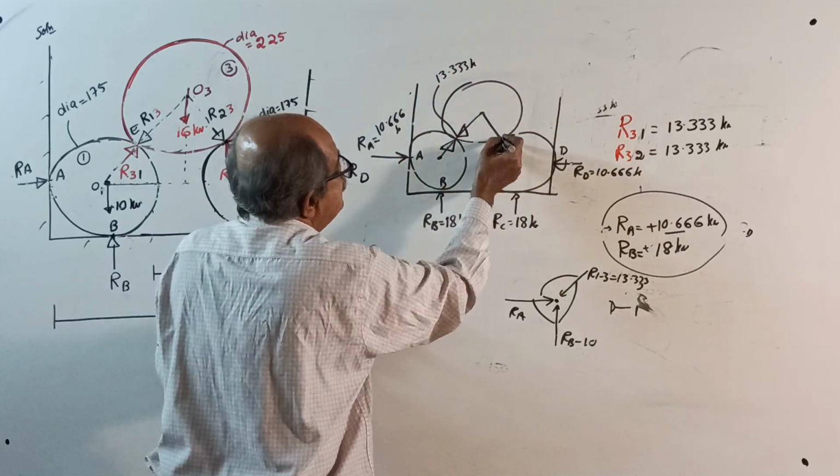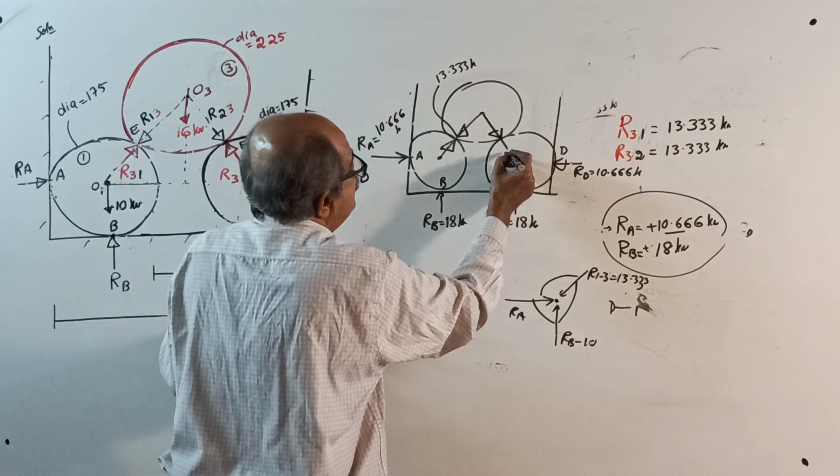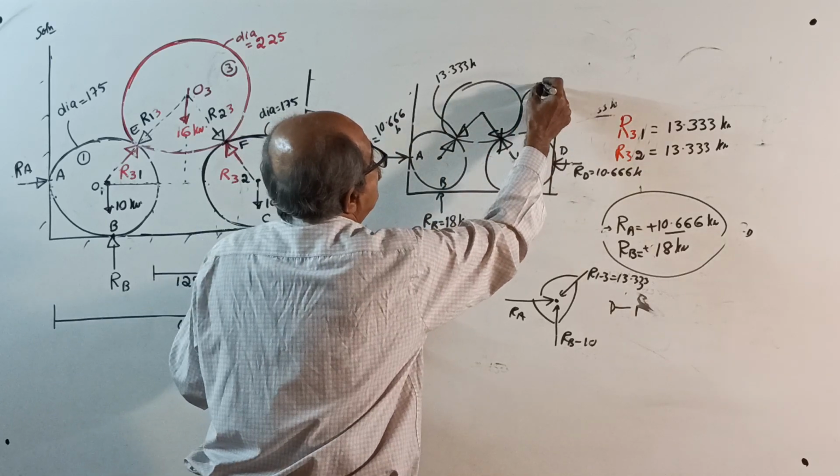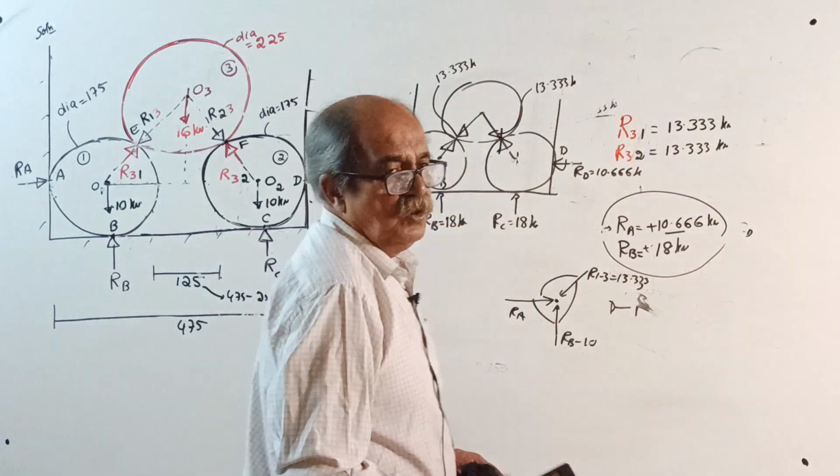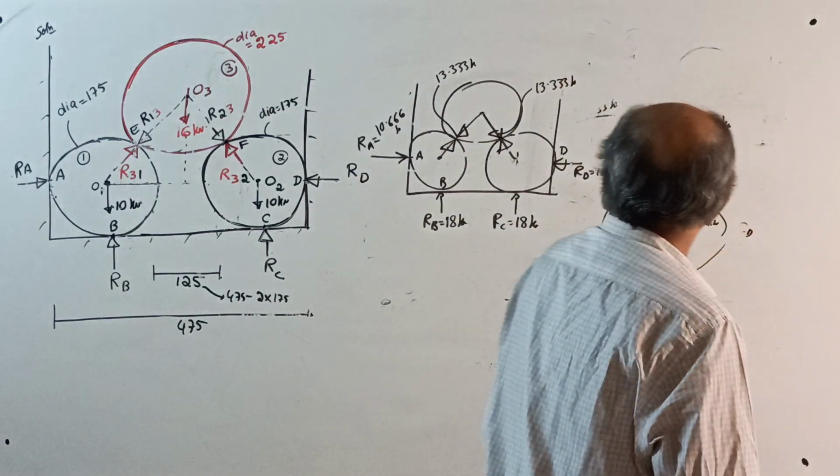Same here, for this cylinder, the force this way is 13.333 kilonewton. Now, one check you can apply.